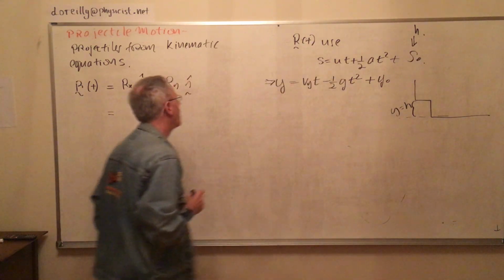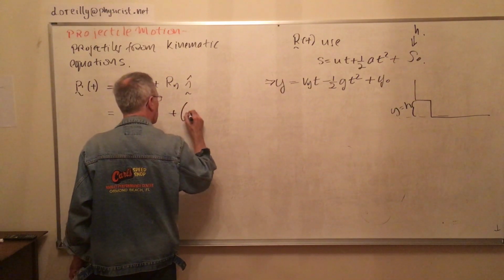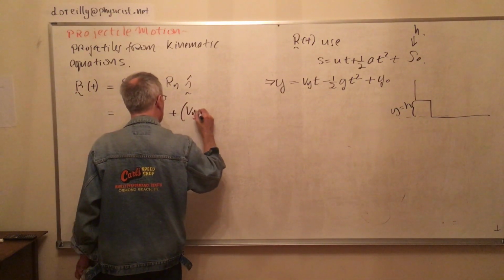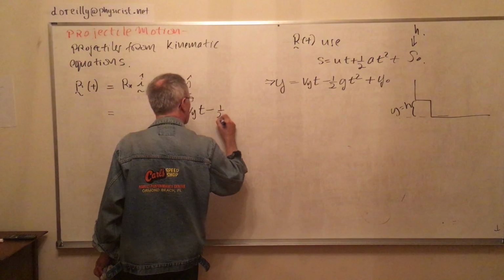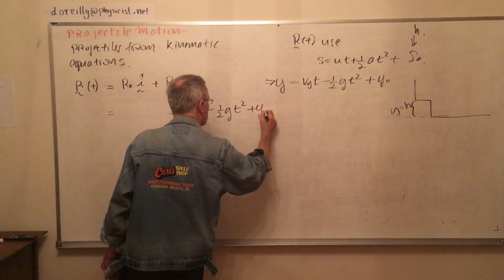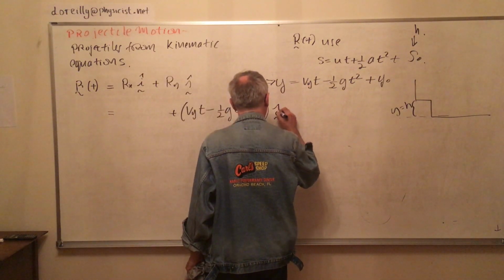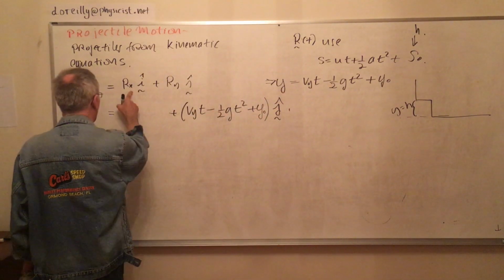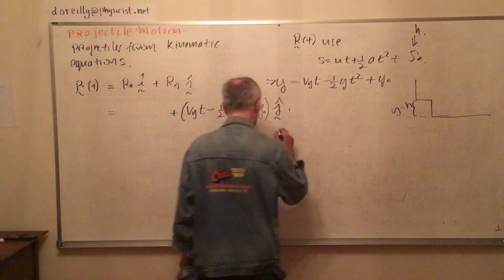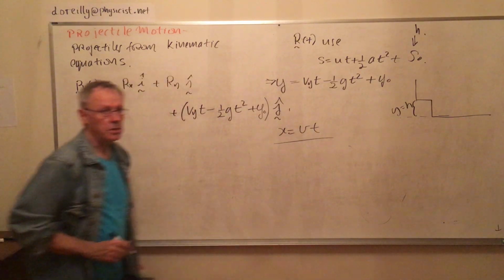So we can put in for y0, this one over here, in its unit vector in the j direction. Now for Rx, x is just Vt.